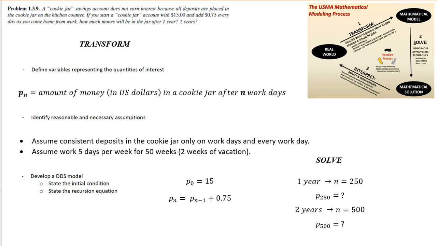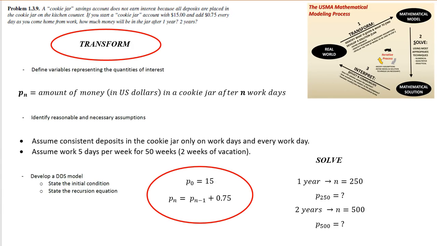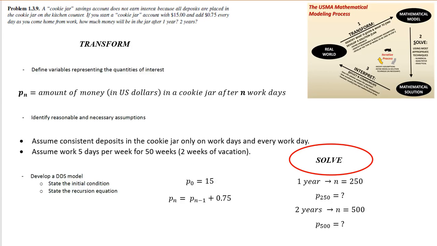In our first video concerning the cookie jar problem, we were able to transform this problem into a mathematical model. That mathematical model was then manually iterated, as well as iterated with the help of Microsoft Excel, to solve and determine P sub 250 and P sub 500.